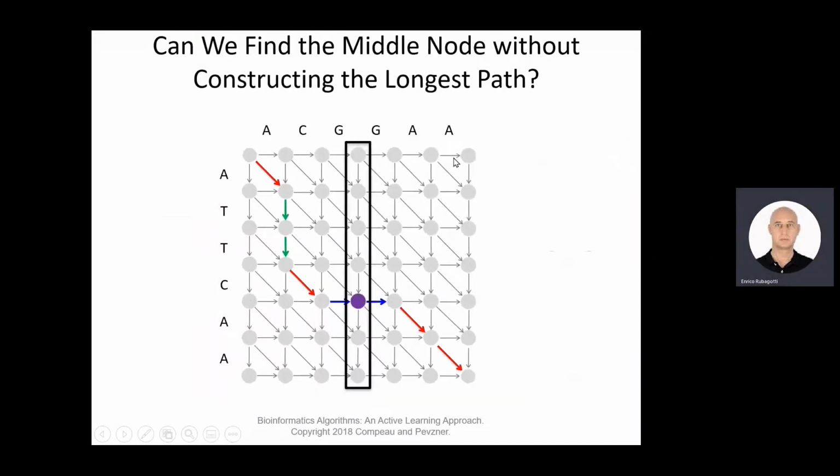So, can we find the middle node without constructing the longest path?